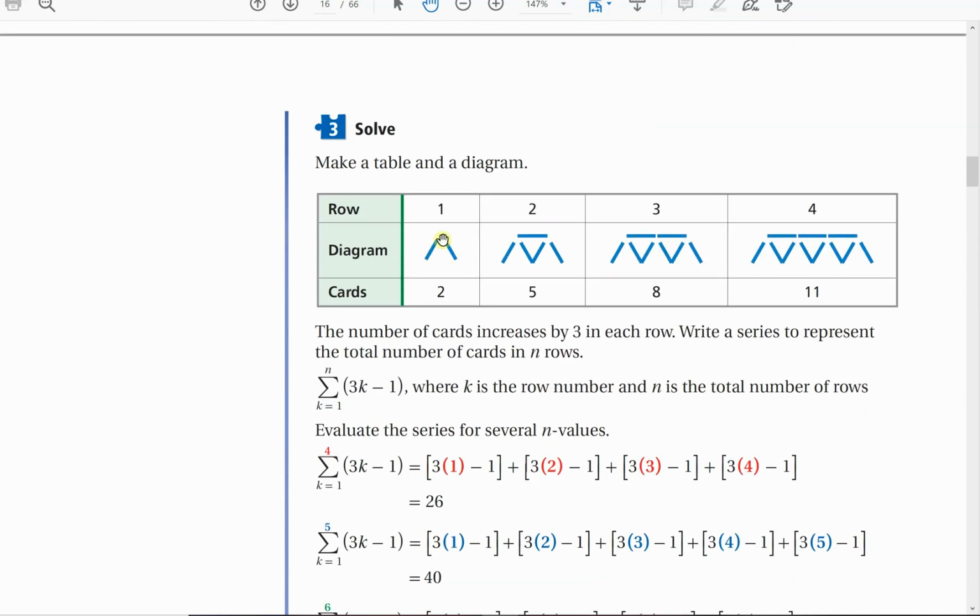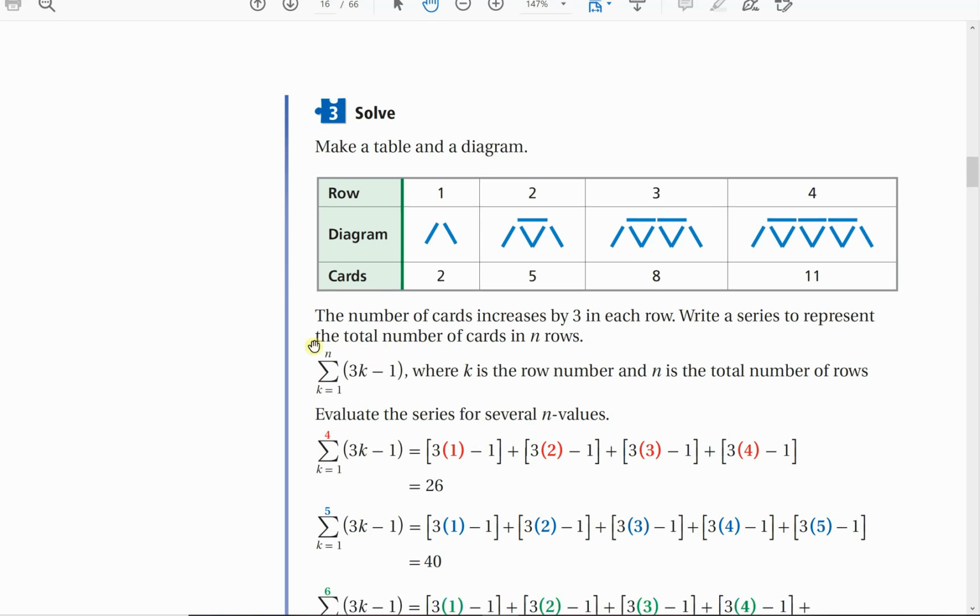The first row has only got 2 cards in it. Second row has 5 cards. Third row will have 8 cards. The fourth row would have 11. So what we're working out here is the explicit formula. We're adding 3 every time. Common difference is 3. And we start out with 2.